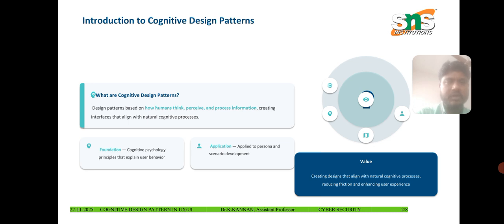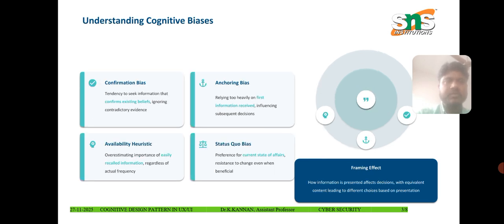enhancing user experience. Next is understanding cognitive biases. Confirmation bias is the tendency to seek information that confirms existing beliefs, ignoring contradictory evidence. Anchoring bias is relying too heavily on the first information received, influencing subsequent decisions.